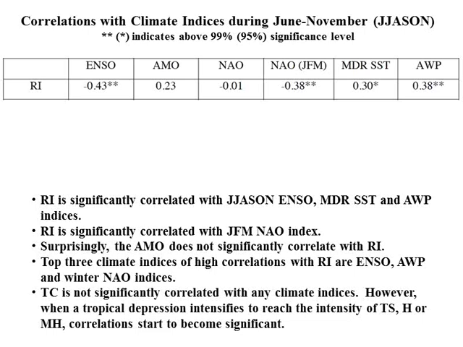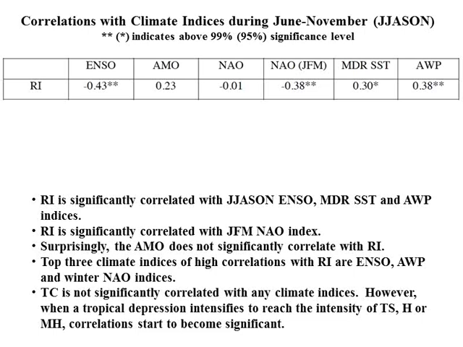What we see here is a significant correlation of RI with the ENSO, MDR, and warm pool index, and also with the winter NAO index. However, AMO does not significantly correlate with RI, surprisingly, right? I will come back to this issue later. Why does the AMO not significantly correlate with RI? And the top three indices are ENSO, warm pool, and the winter NAO index.